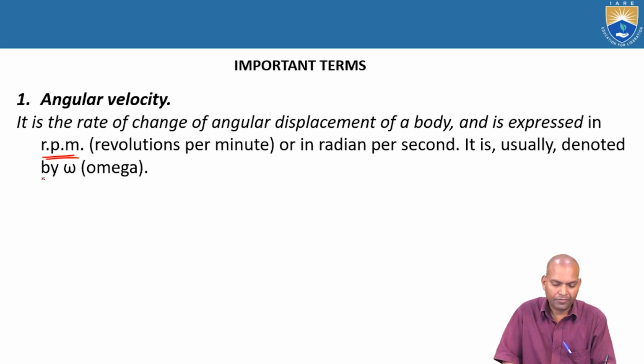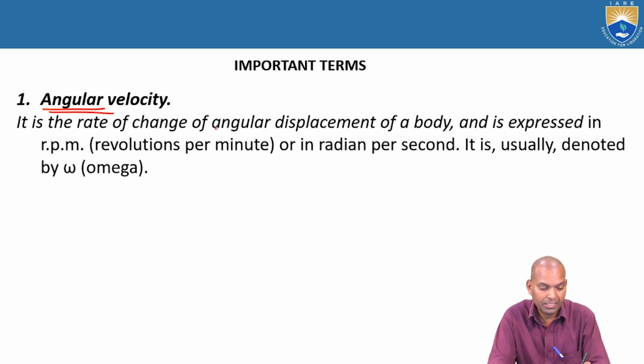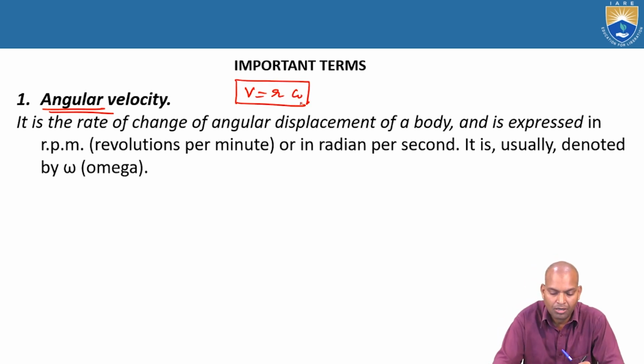The unit for angular velocity is radians per second, and it is denoted by omega. There is a relation between linear velocity and angular velocity: linear velocity v equals r times omega, where v is the linear velocity, r is the radius, and omega is the angular velocity.